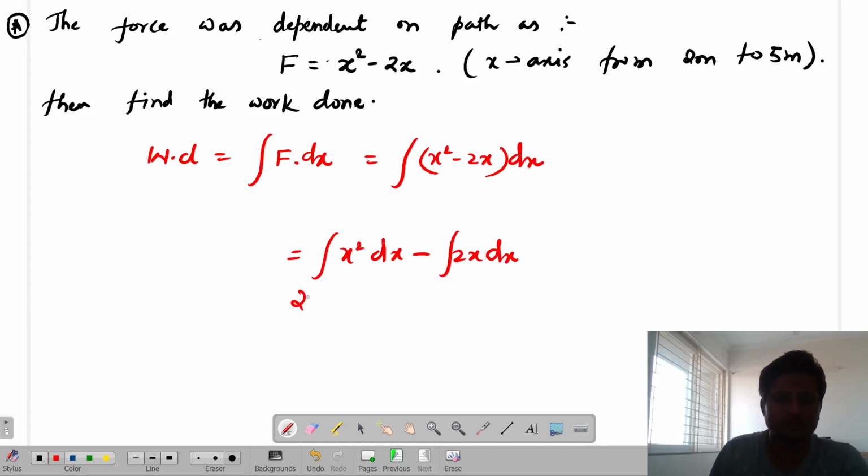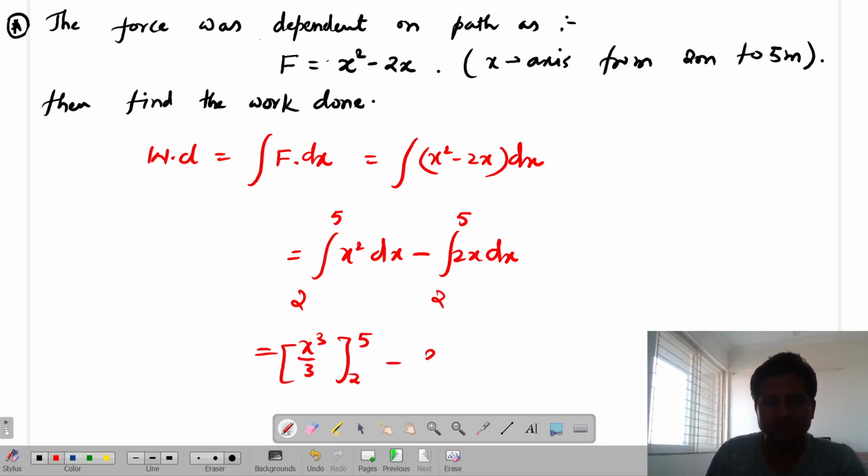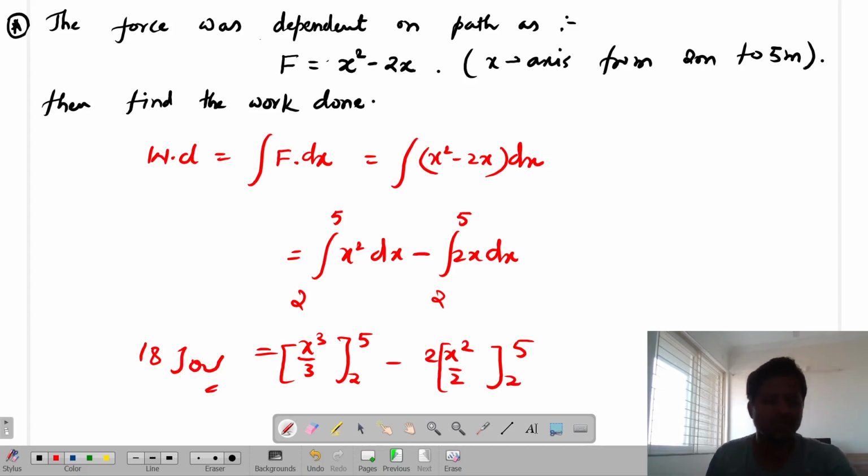Integration is from 2 to 5, both are the same variable. This will be x cubed by 3 from 2 to 5 minus 2x square by 2 from 2 to 5. How much are you getting then? This is 18 joules. Are you able to get me or not?